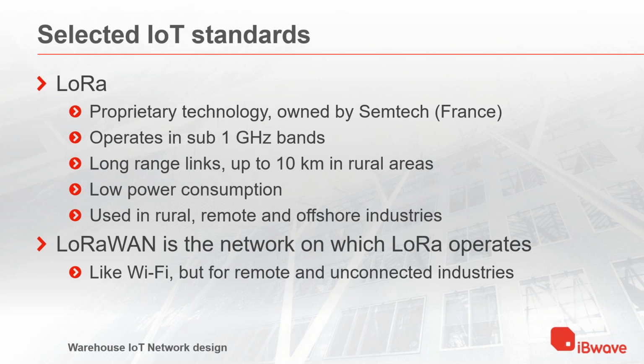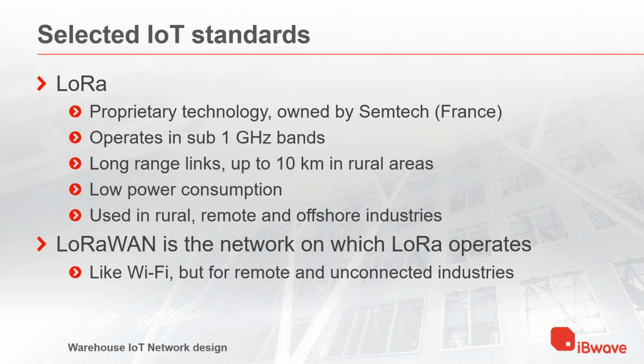It has low power consumption, which is really good, meaning that the battery life is going to be on the order of several years. It is used primarily in rural, remote, and offshore industries. LoRaWAN is the network on which LoRa operates. It is like Wi-Fi, but for remote and unconnected industries.